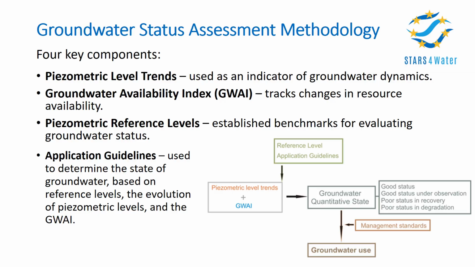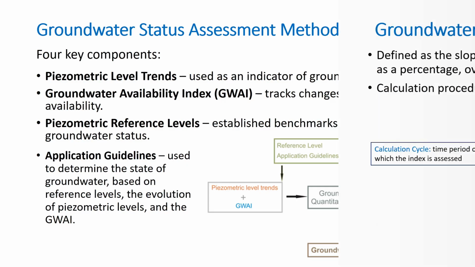Application guidelines combine piezometric reference levels, piezometric trends, and the index to determine the current state of groundwater. Once the status is established, management standards defined by the Water Authority can be applied to regulate groundwater use and ensure sustainable resource management.